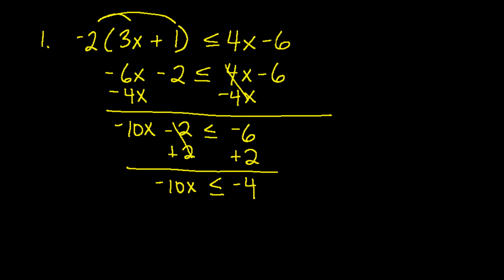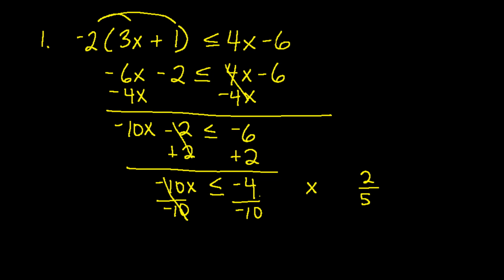At this point, we just need to divide both sides by the number attached to x. -10 divided by -10 cancels to be 1, and 1 times x is x. The right-hand side, -4 over -10, simplifies to 2/5.